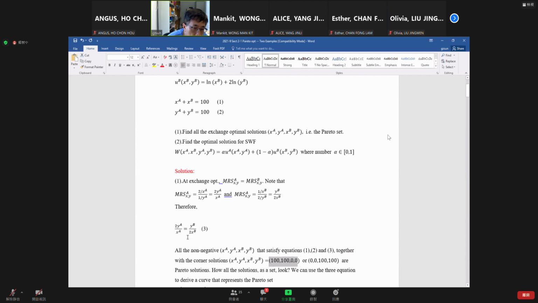So here we do not allow xa or xb to be 0, but later you will find we do not need to worry about the corner solution. Such corner solutions are clearly good solutions. This plus all the non-corner solutions, which we call interior solutions, all such non-negative numbers which satisfy this, altogether that's the Pareto solution.